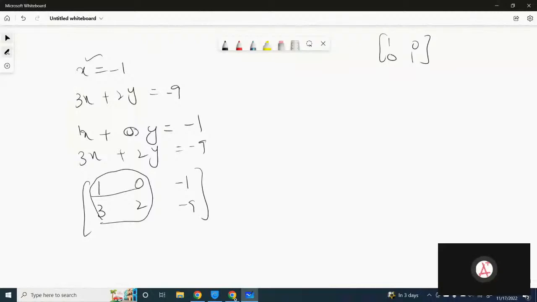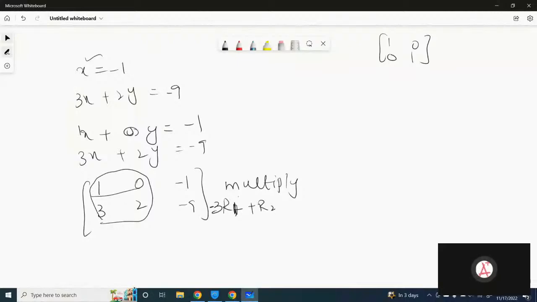So to make it 0, you have to do R2 equals negative 3R1 plus R2.